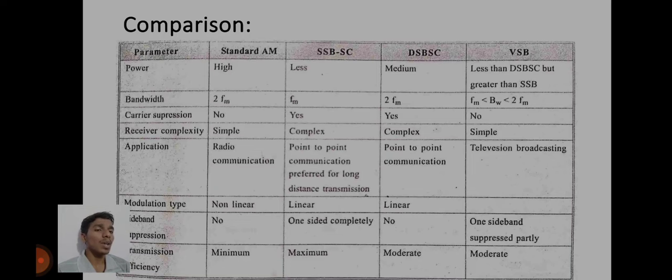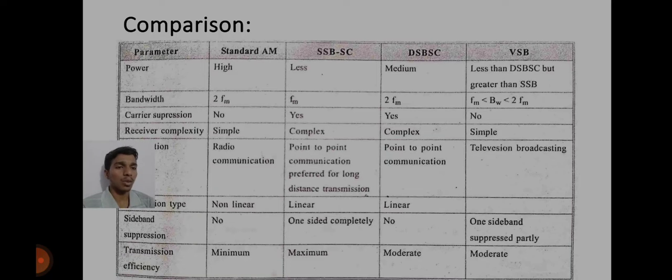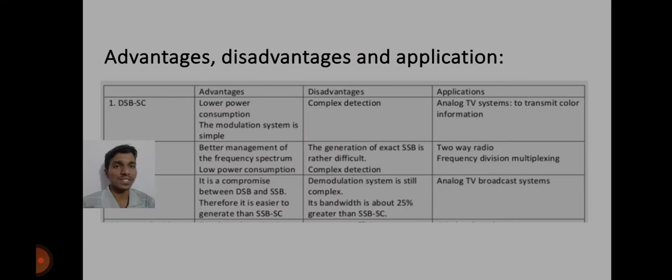In VSBSC one sideband is suppressed partially, meaning some part of the signal. Transmission efficiency. The efficiency of AM is minimum and the transmission efficiency of SSBSC is maximum, DSBSC is between SSBSC and AM, that is moderate, and VSBSC is also similar to DSBSC, with moderate transmission efficiency.